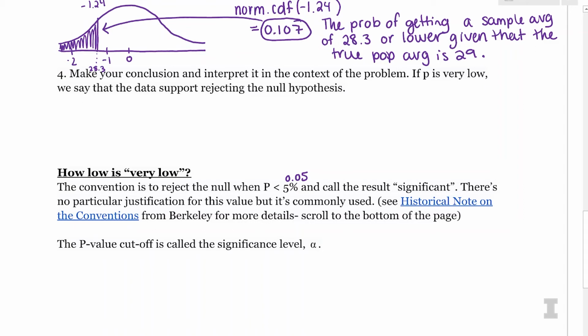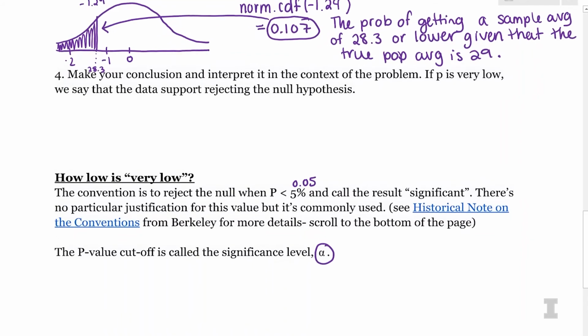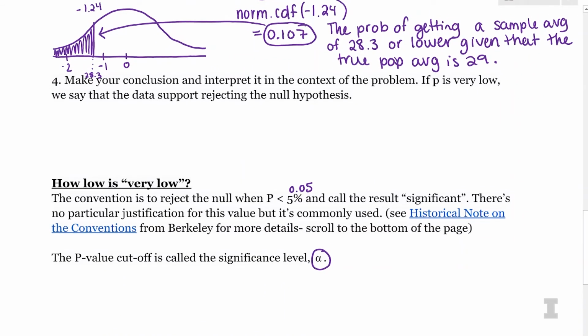People like 95% confidence intervals and 5% significance levels. And this 5%, we actually call it alpha, is the statistical symbol used to represent it. And like I said, it's very common, so we're pretty much always going to use that 5% cutoff in this class. So our p-value is actually greater than 5%.